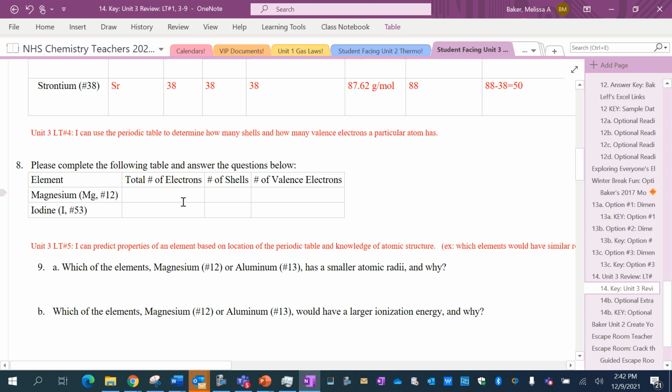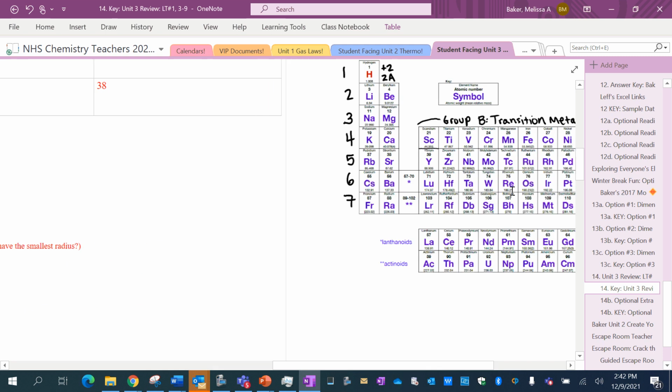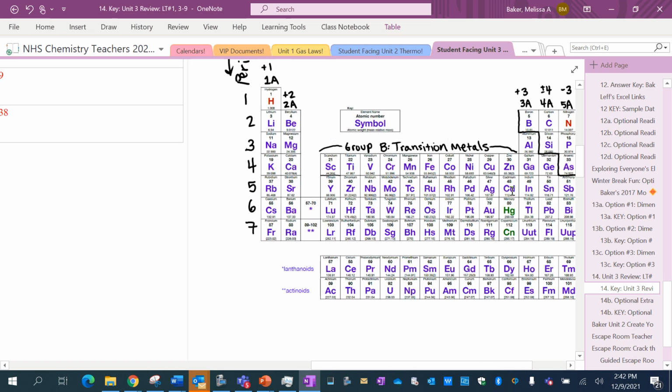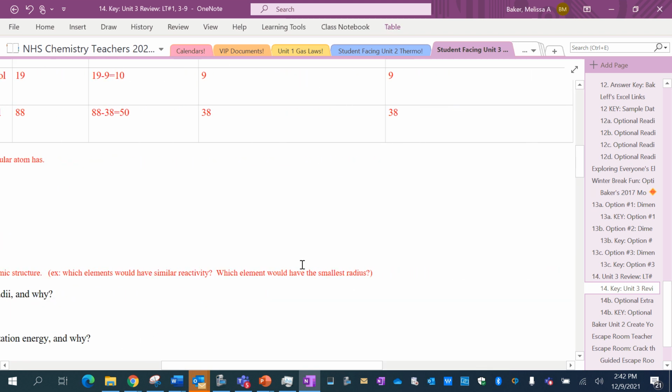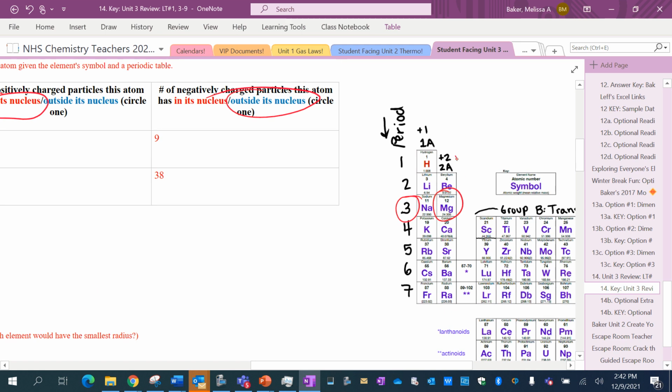All right, magnesium is number 12, so it has 12 total electrons. How many shells? Well, the period number tells you how many shells. So for magnesium, it's in period 3. And magnesium, if we check, is in group 2A. The group number matches the number of valence electrons, while the period number matches the number of shells.